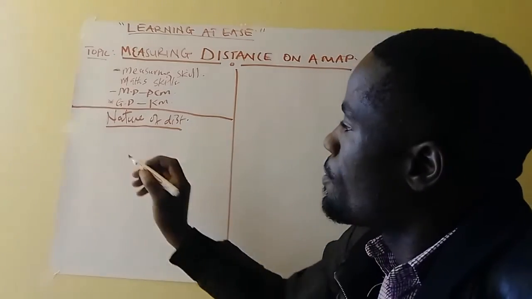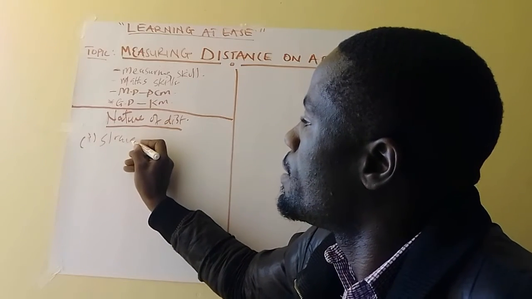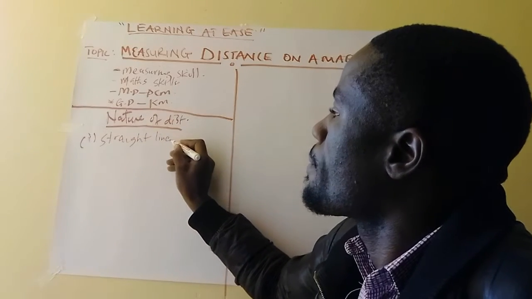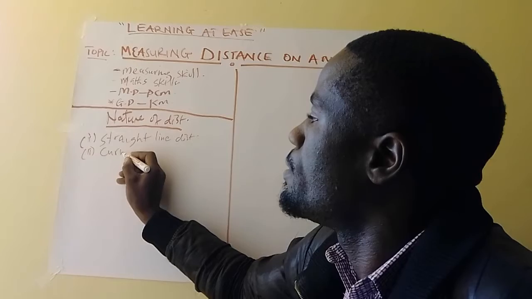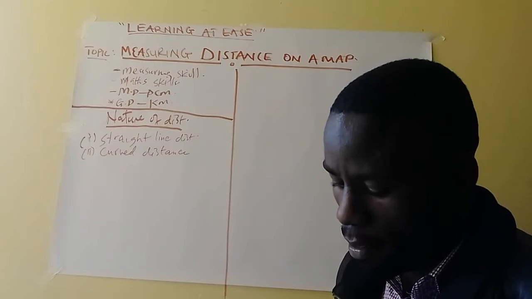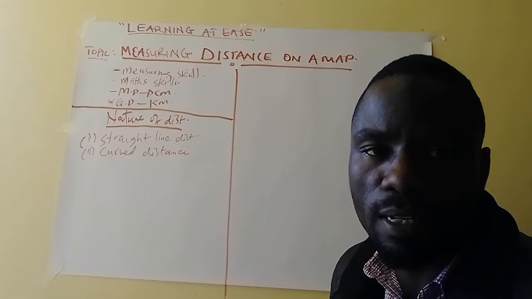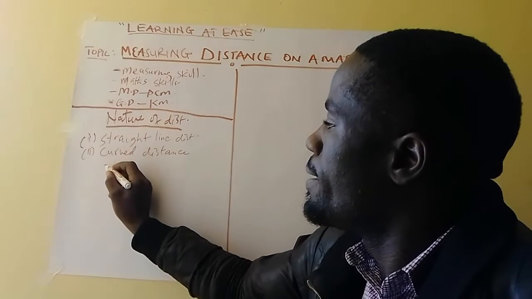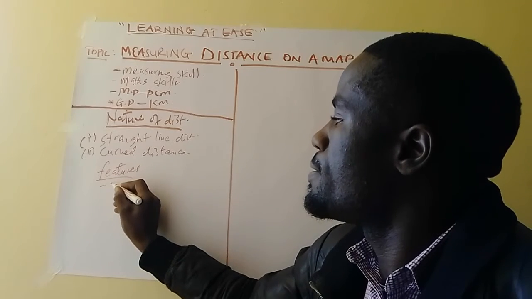We have two types. One, there is straight line distance, and we have curved distance. As a learner, you must know which type of distance am I dealing with. Is it curved distance or is it straight line distance? In most cases, these distances are on man-made features, basically, but they can also be natural features, but they are always on railways.